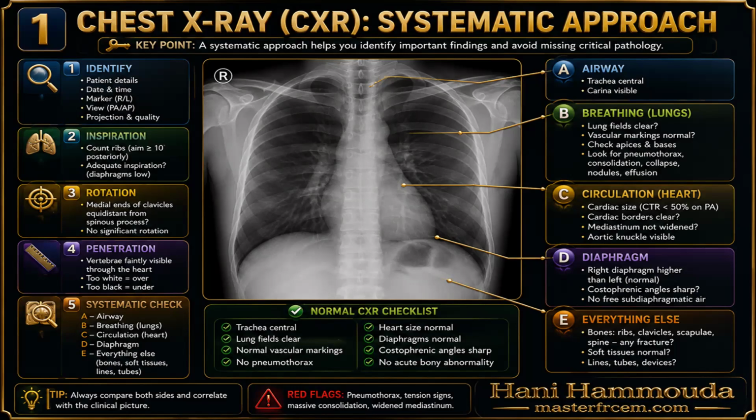Electrodes of ECG monitor. So everything else means bones like ribs, any fracture, clavicles, any fracture, scapula, any fracture, spine, any fracture. You can check the fracture here also? Yes. You can check the vertebral bodies? Yes. Easy? Okay.